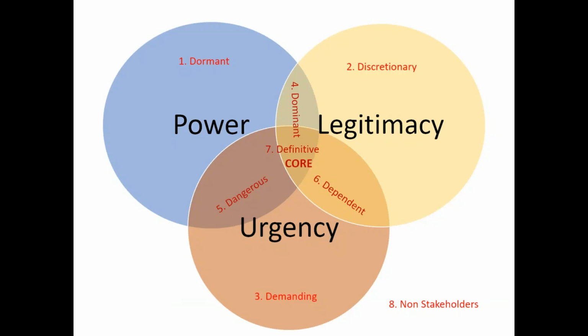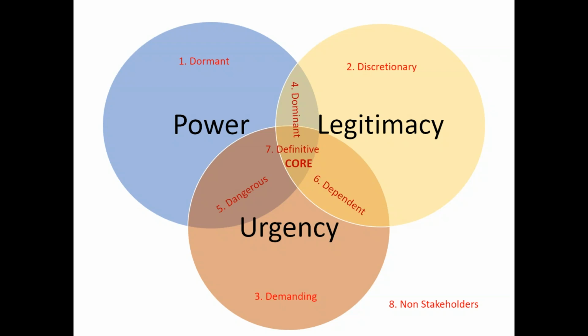First of all, a Venn diagram is also one way of representing it. Power, legitimacy, and urgency. So three circles are intersecting. Where 3 circles are intersecting, the center point where all the 3 circles intersect, this is where legitimacy is high, urgency is high, and also power is high, right?